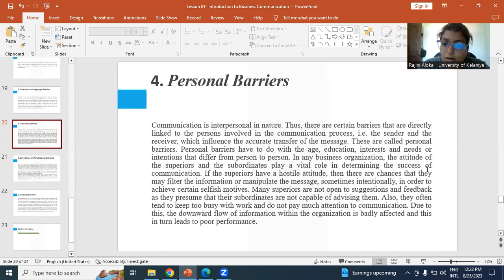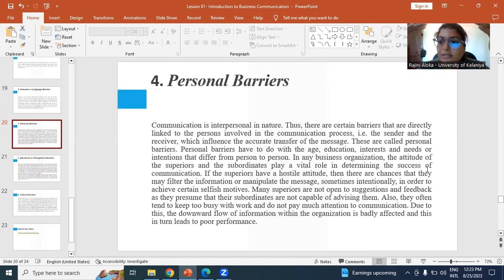Many superiors are not open to suggestions and feedback, as they presume that their subordinates are not capable of advising them. Also, they often tend to keep too busy with work and do not pay much attention to communication. Due to this, the downward flow of information within the organization is badly affected, and this in turn leads to poor performance.